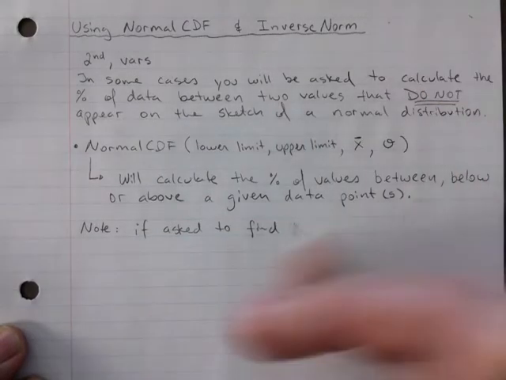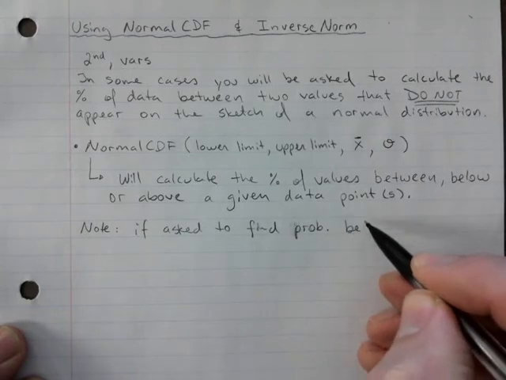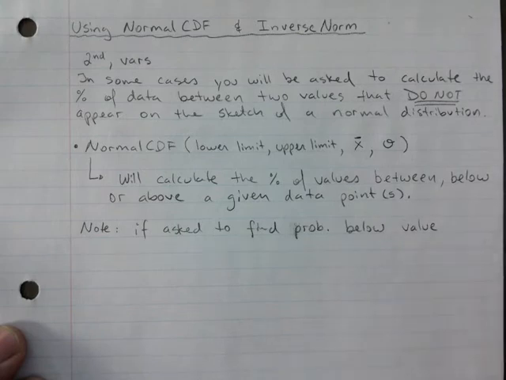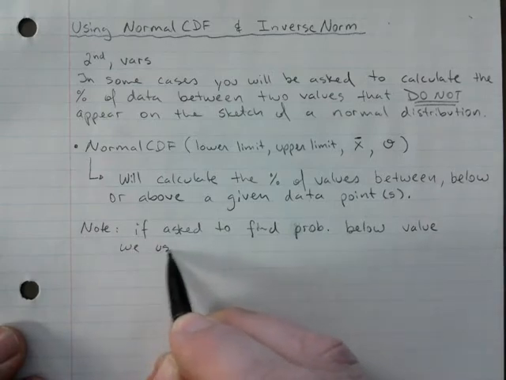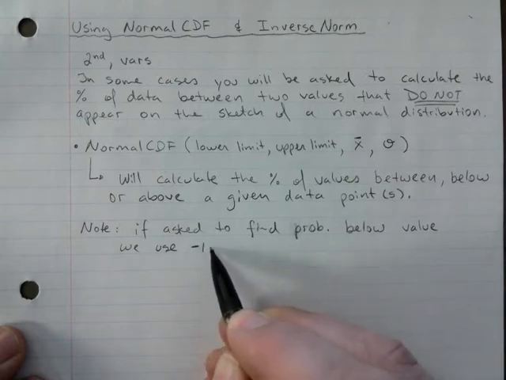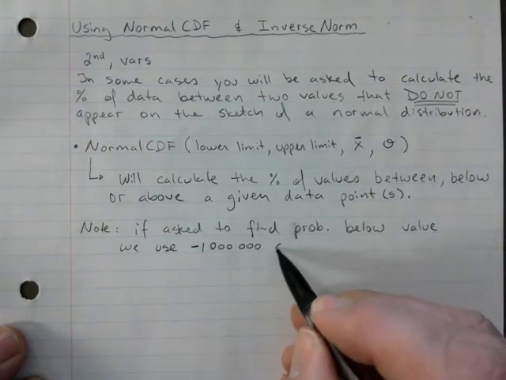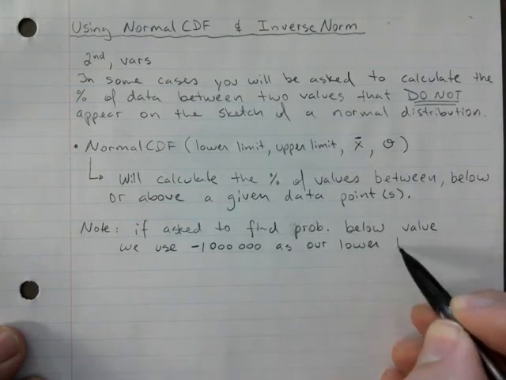Instead of percentage, I'll say probability below value, we use minus 1 million as our lower limit.